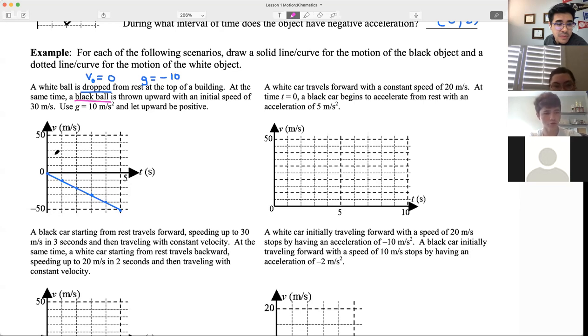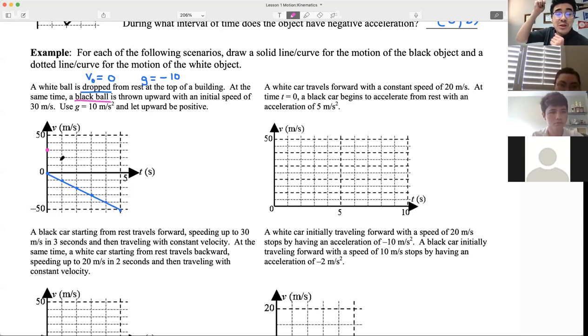Maybe you could draw a curve going downwards from 30 meters per second. Where is it going to curve to? Remember, free fall, so there's only one thing acting on it, acceleration due to gravity.